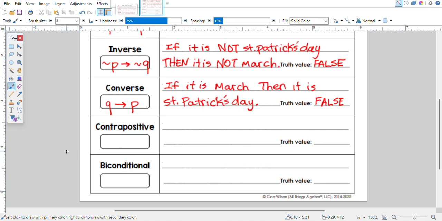Now we have contrapositives. Contrapositives are kind of like the inverse of the converse. If it is not Q, then it is not P. If it is not March, then it is not St. Patrick's Day.